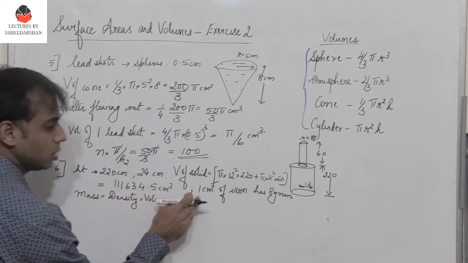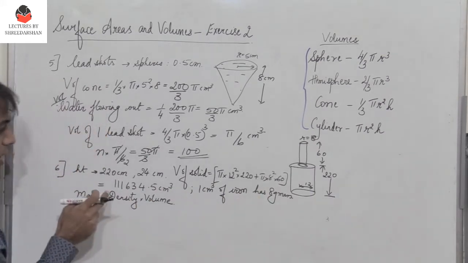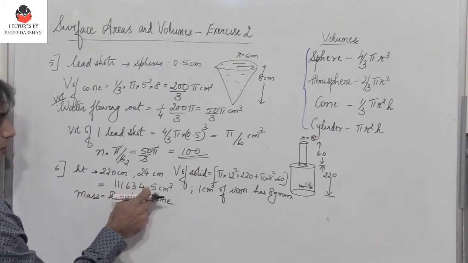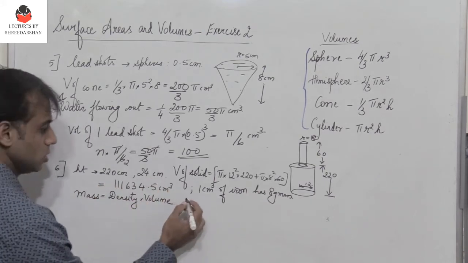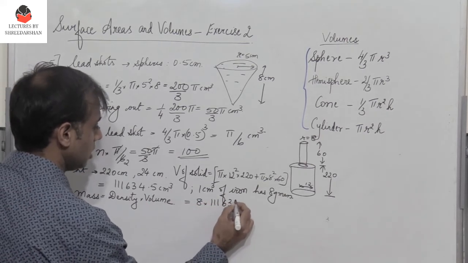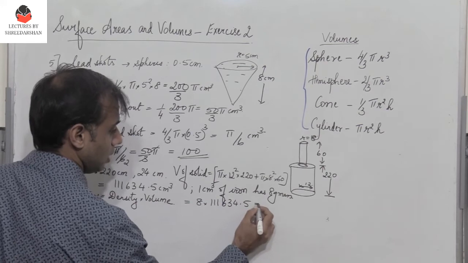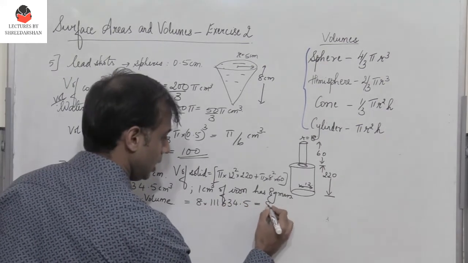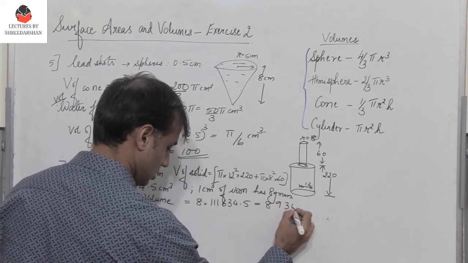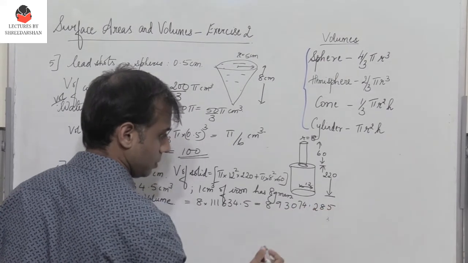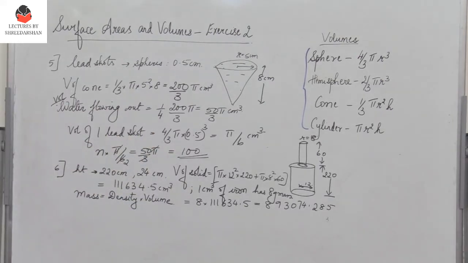So 1 centimeter cube of iron has 8 grams mass. How much does 111,634.5 centimeter cube have? It's going to be 8 into 111,634.5, and this gives us a value of 893,074.285. It's a big number.